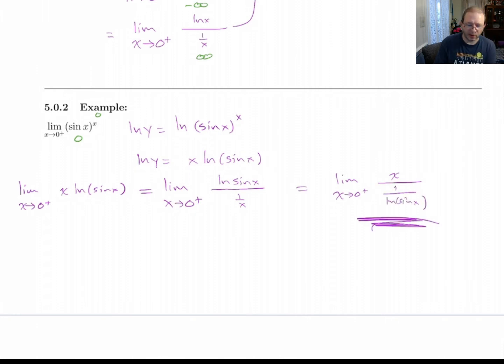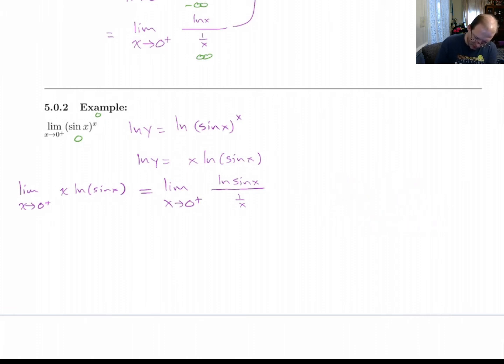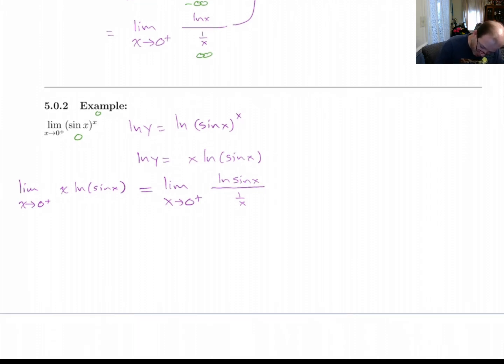This is much more complicated, so let's not do that. For a second there, I was thinking about maybe we could use cosecant by moving the sine down to the bottom, but that doesn't work because the sine is trapped inside of that natural log. All right, so let's do this with L'Hopital's rule.